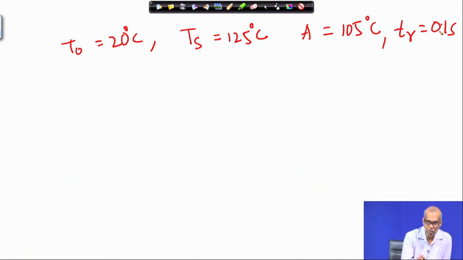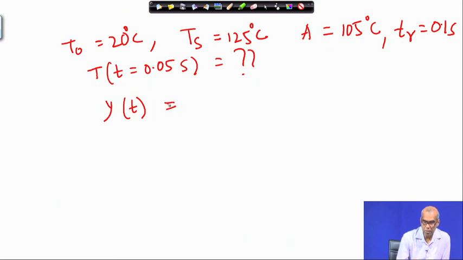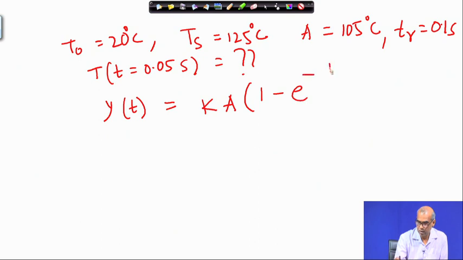I have to find out the response at 0.05 second is how much. We know the step response of a first order instrument is given as y(t) = k A (1 minus e to the power minus t by tau).